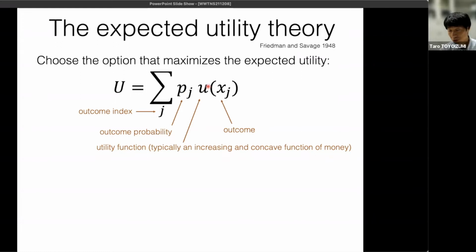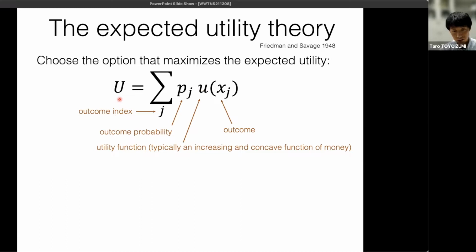U is a nonlinear function, typically increasing and concave, which converts monetary outcome into utility. And this is a very famous model that explains many features of human decision making.